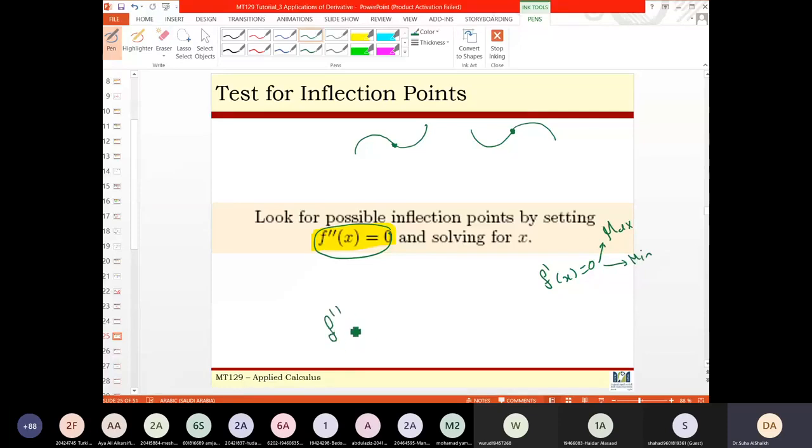But when I let f double dash of x equal to 0, I will get the inflection point. And we study the sign of f double dash. The study will be the study of the sign of f double dash of x.